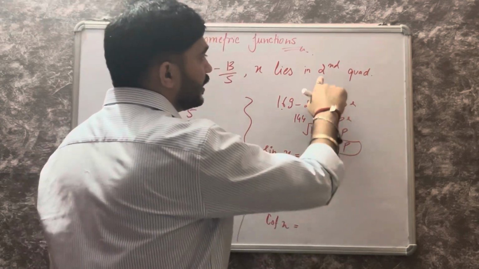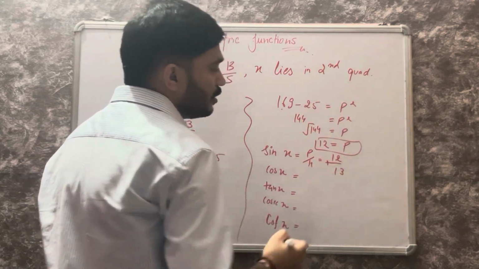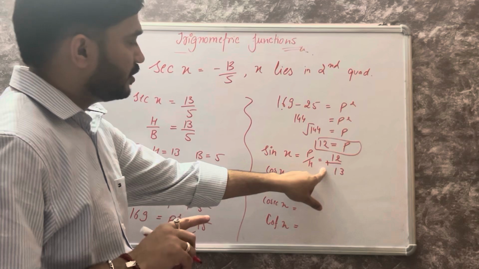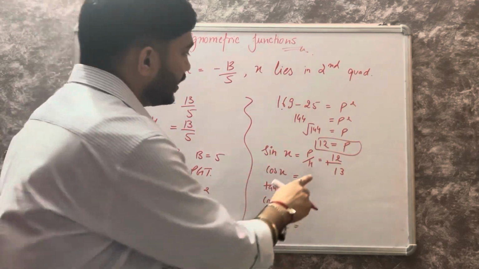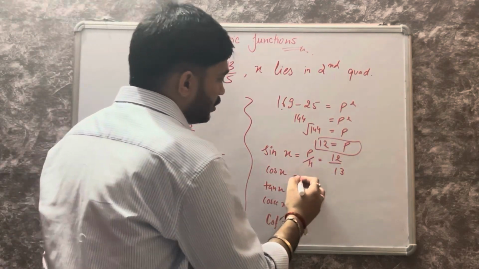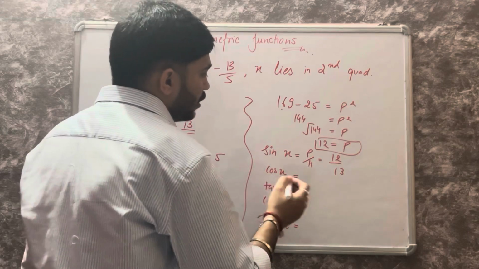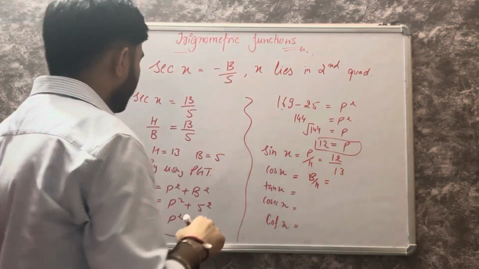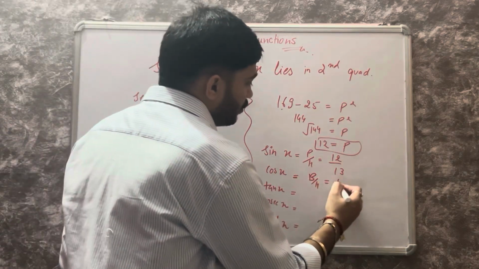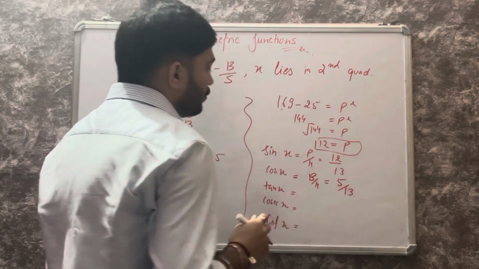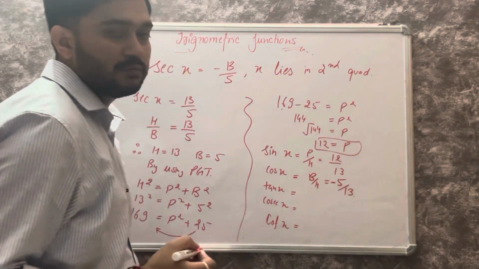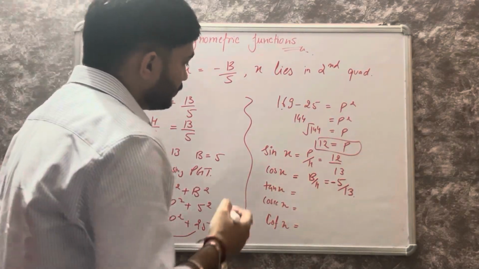It is in the second quadrant, so it will be positive. You can either add a positive sign here or remove it. It doesn't matter because no sign represents positive. Cos x is base upon hypotenuse. The value of base is 5. So 5 upon 13. But cos is negative in the second quadrant, so we are going to represent negative here.